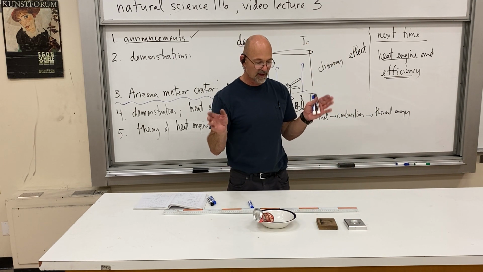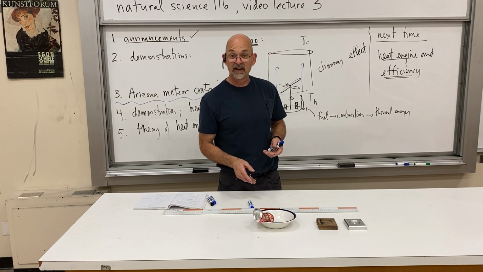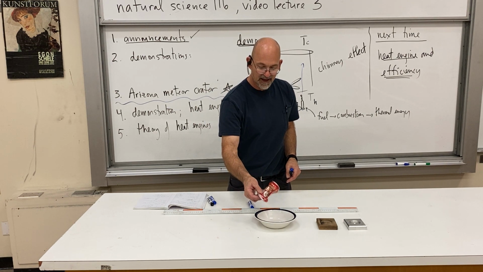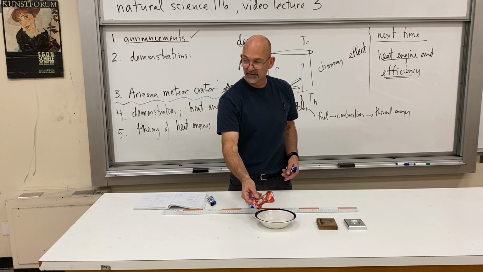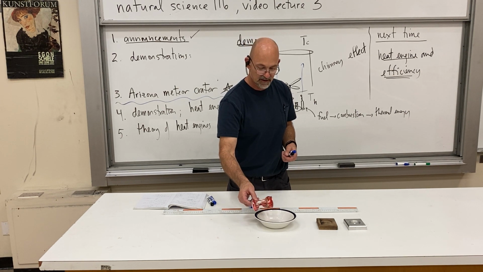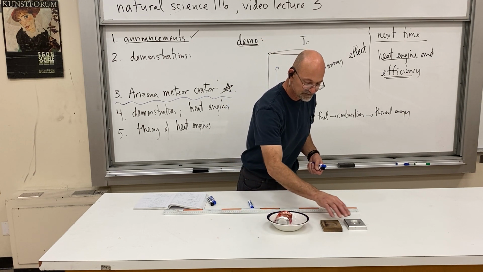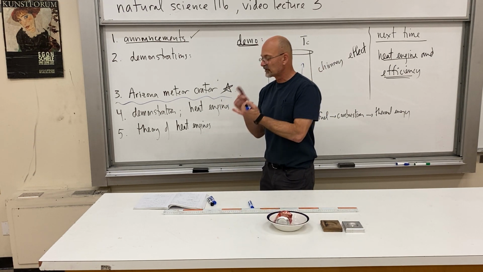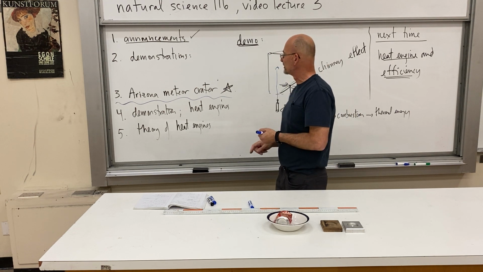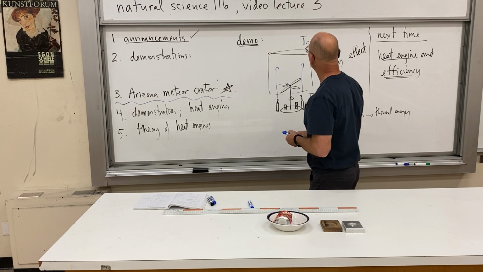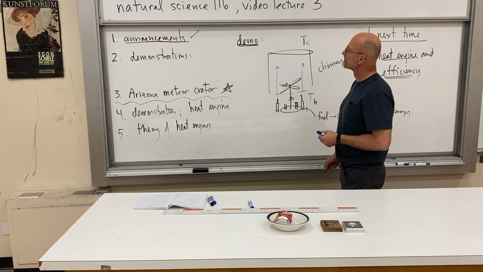You've got wood, you've got cast iron skillet, you've got all that stuff. So there you have that. This one is interesting if you've got a gas burner on your stove. You should be able to pull it off. You need those tongs, and you can try this demonstration as well. And then you have the Arizona Meteor crater. You want to do some printouts, and possibly some printouts for this material.